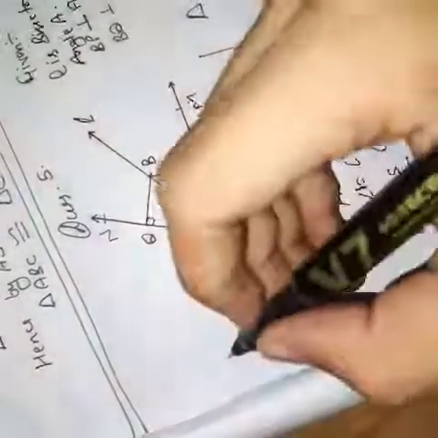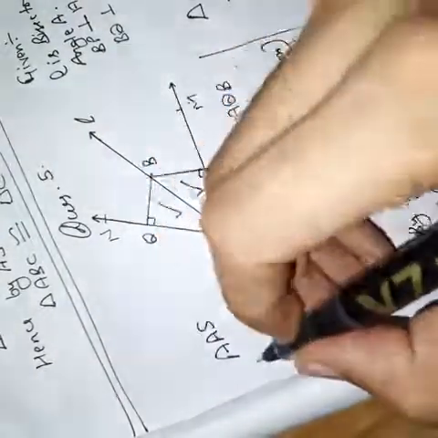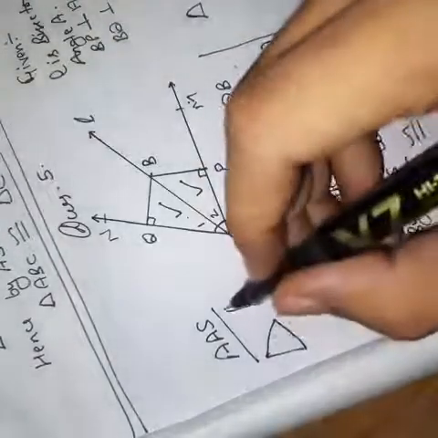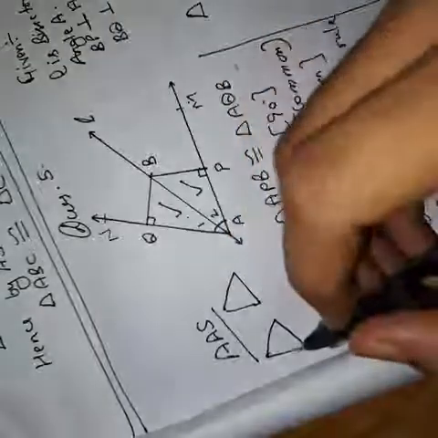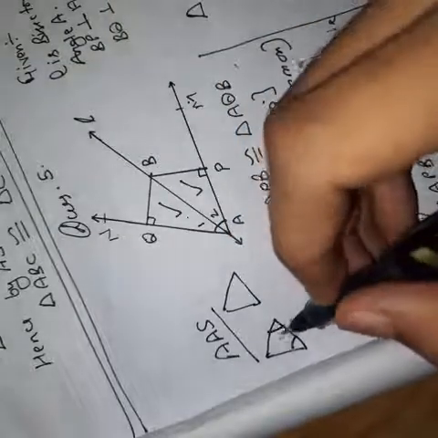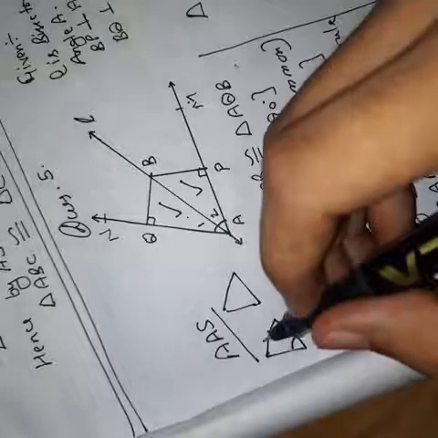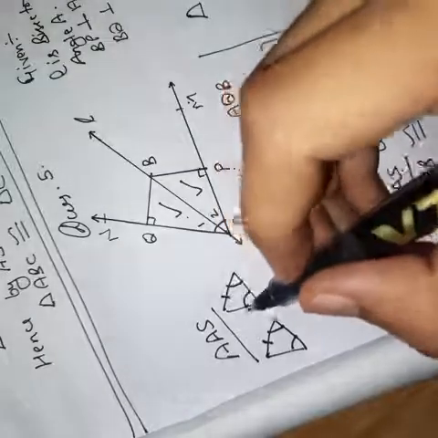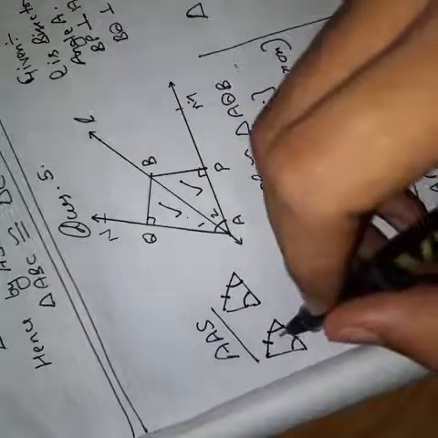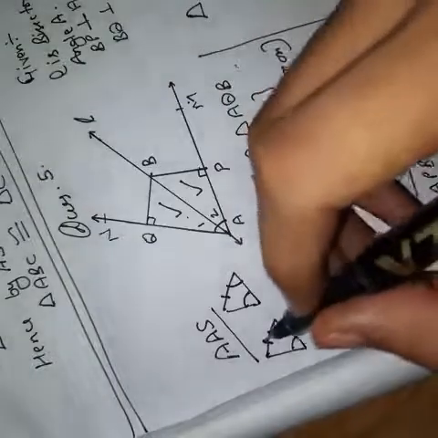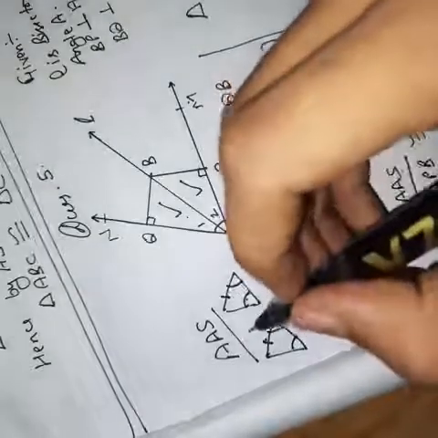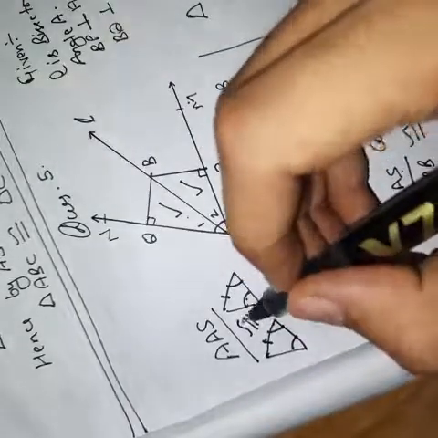Here we have used angle side congruency. When there are two triangles like this and their angles and this side are correspondingly equal, then we can say both of these triangles are congruent to each other by angle side congruency.